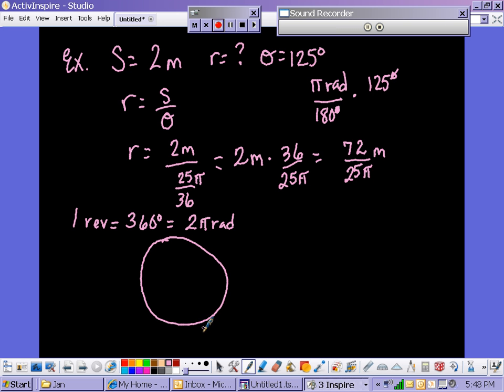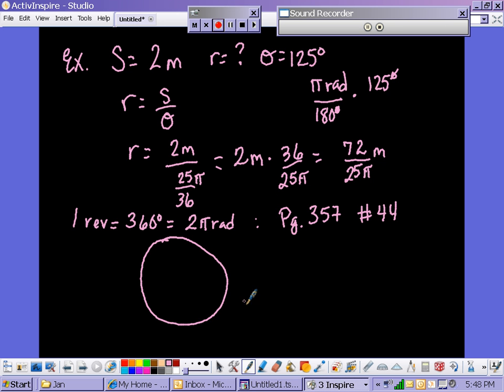Okay, so if you turn your books to page 357, we're going to look at problem number 44, which is dealing with automobile design. It's asking us to find the speed of each vehicle in miles per hour when the wheels are turning at 800 revolutions per minute.